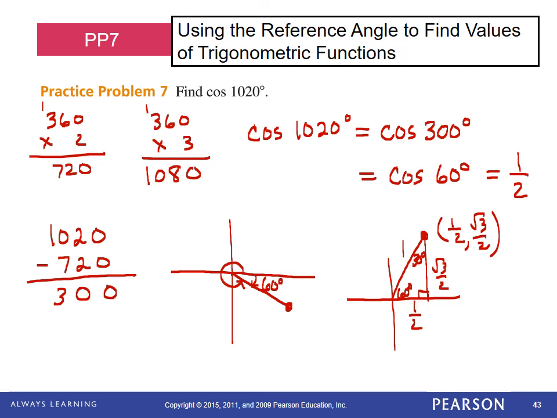Coordinate would be 1/2, right? That's the x coordinate, that's the stuff that takes you from the origin to the right. Then the y coordinate, but cosine only deals with the x coordinate. So finish it off. I'll give you a hint, it's not going to be the square root of 2. I'll give you that 1/2 there. And again, that would be a good one to practice and think about those values here.